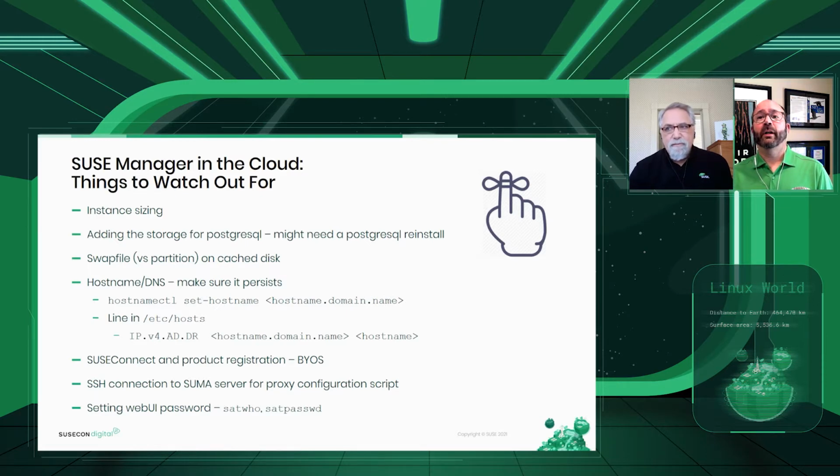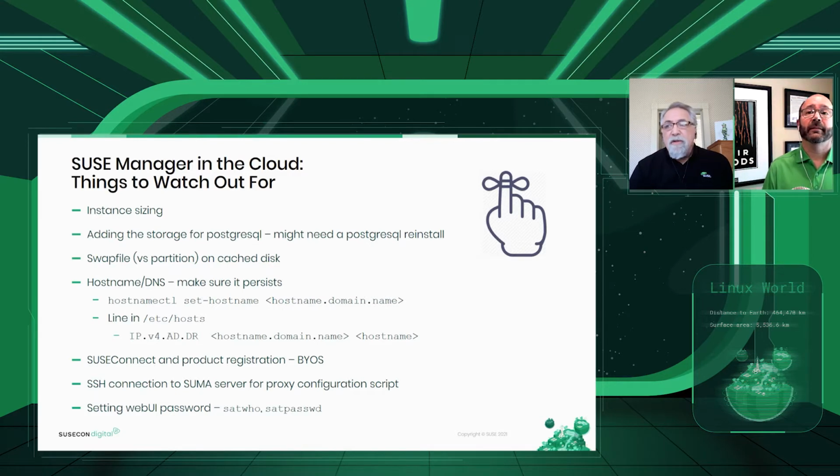There's also storage required for the Postgres database. The storage volume that the script deals with puts it all in a single volume for both your database and your repository mirror. You might find it useful to define those separately. If you do, then you might need to reinstall Postgres. Right.